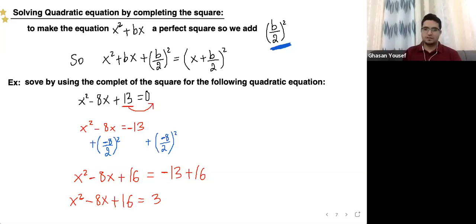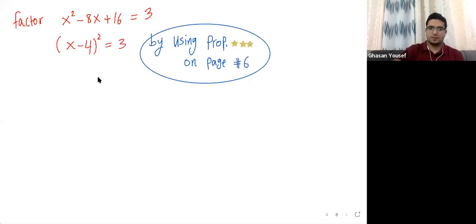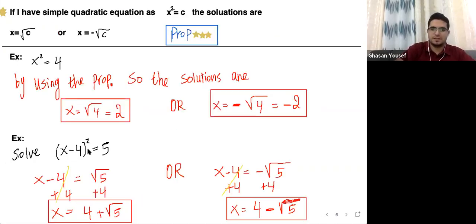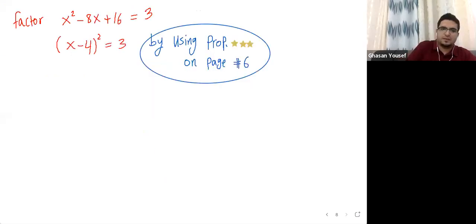Have you finished from the slide, Jennifer? So what is the answer? How can I solve this one? Go back to the example, solve x minus 4, everything squared, equals 5. I use the same steps as in this example.